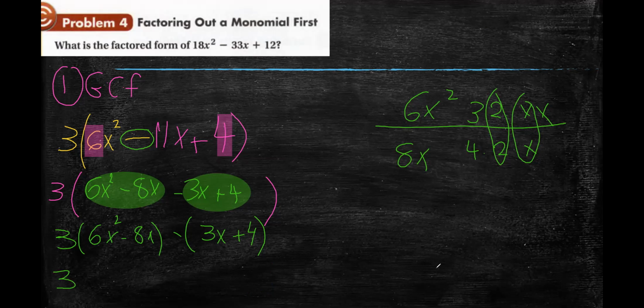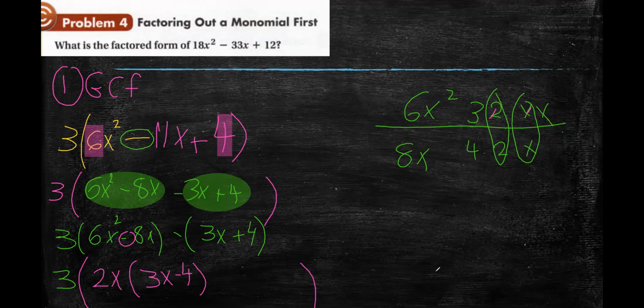Write the 3, then 2x. Then for the 2x, let's factorize it here. If we remove the 2x, which monomial will remain? 3x. And here we have minus what? 4. This is the first step.